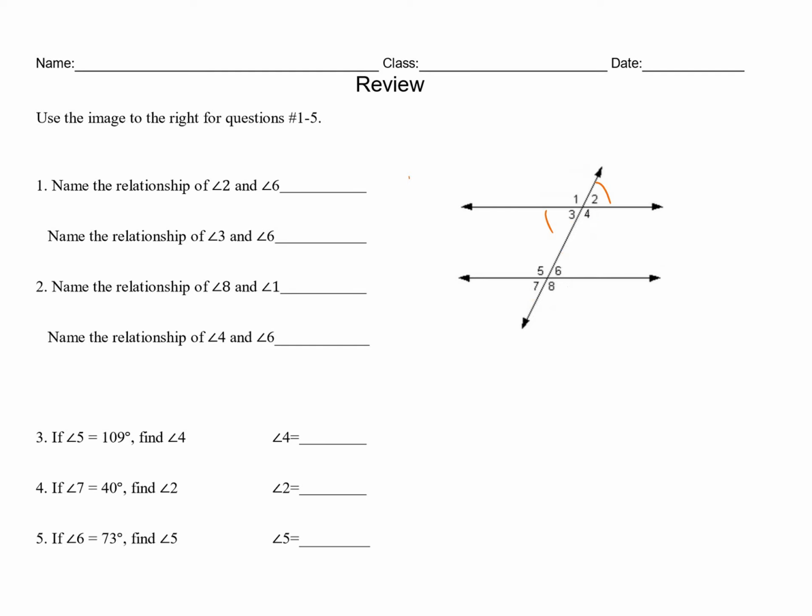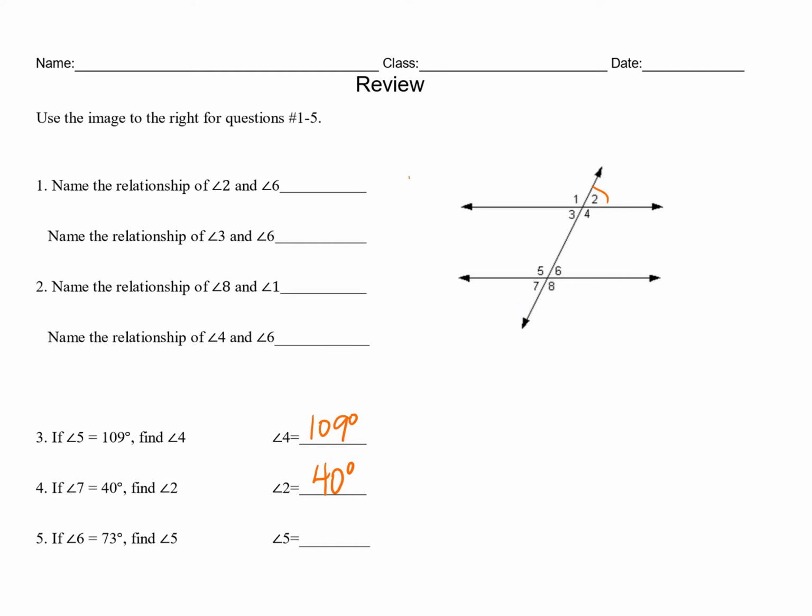All right, so if angle 5 is 109 degrees, what would angle 4 be? So we need to know this relationship. It's alternate interior, so they are congruent, so it would also be 109. Angle 7 is 40 degrees. Angle 2 then would be, their relationship is alternate exterior, and they are also congruent, so another 40 degrees.